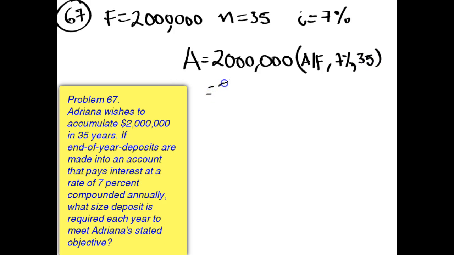So this is equivalent to 2 million times, using the formulas, 0.07 divided by 1.07 to the 35 minus 1.